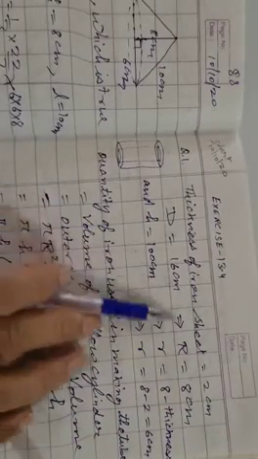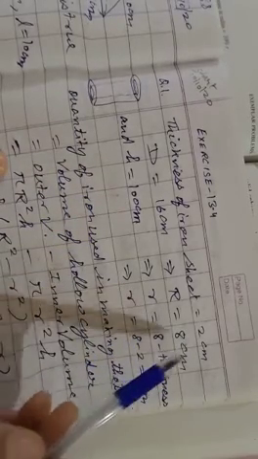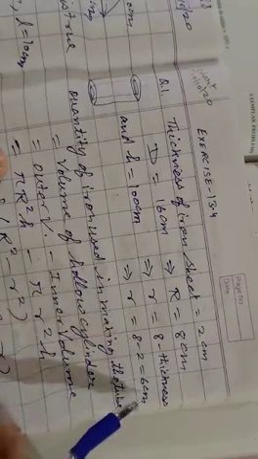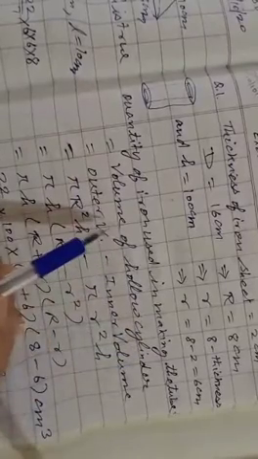Given thickness of the iron sheet is 2 cm and diameter is 16 cm, so outer radius is half of 16, that is 8 cm. Given height of this tube is 100 cm. Small r is 8 minus thickness, r equals 8 minus 2, that is 6 cm.